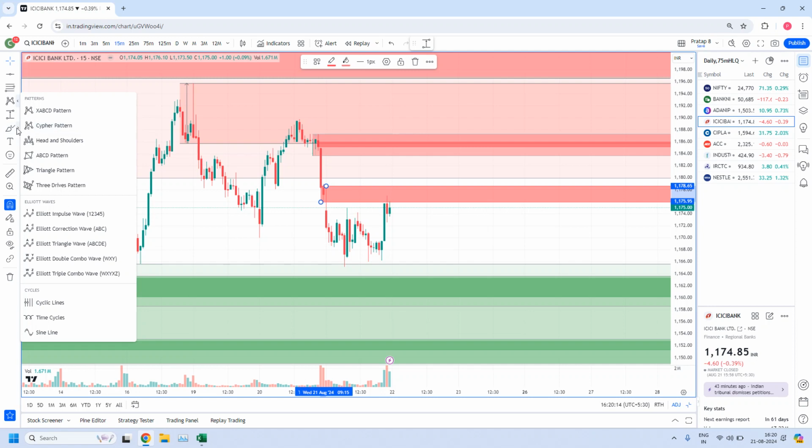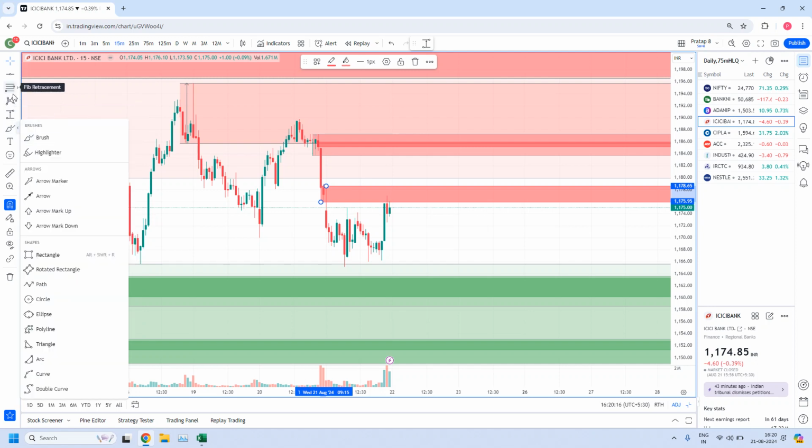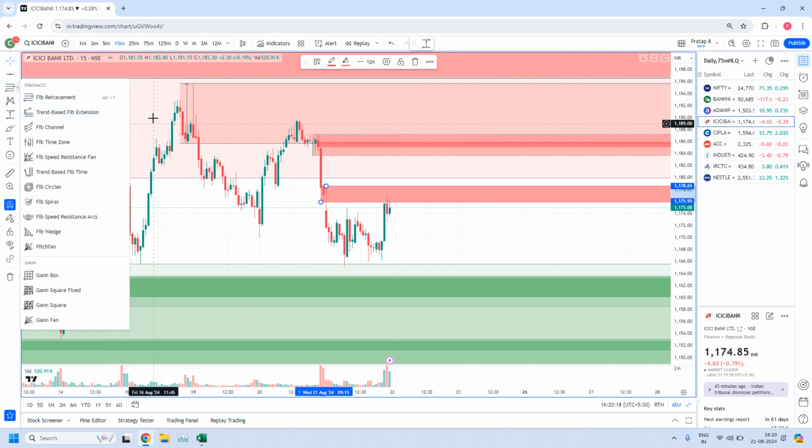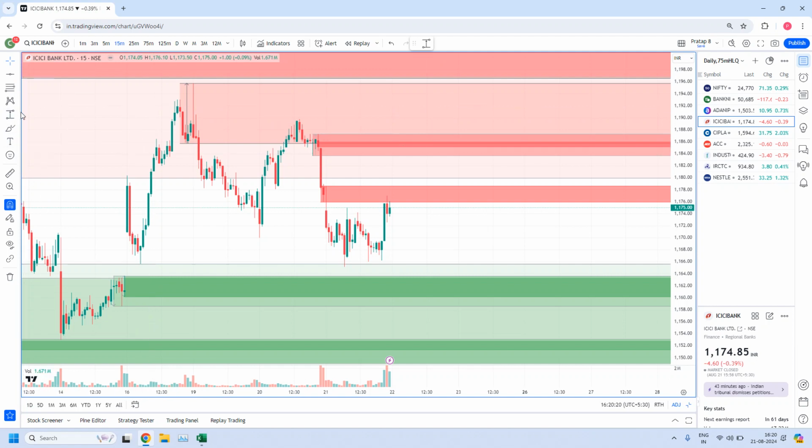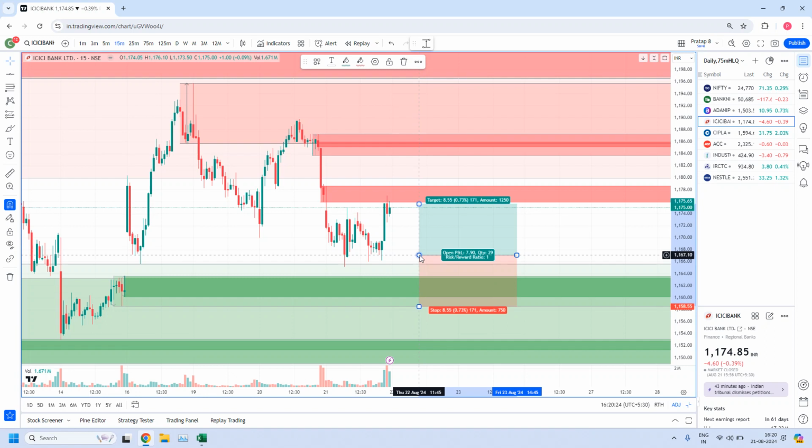Long trade, where is it? Yeah, long position. So this is our target.